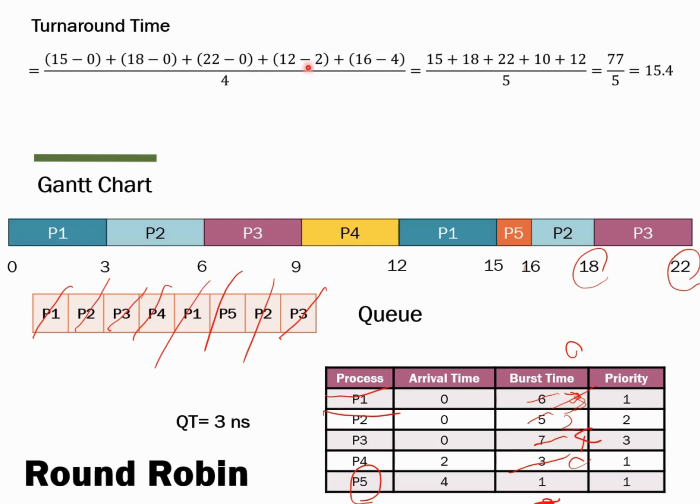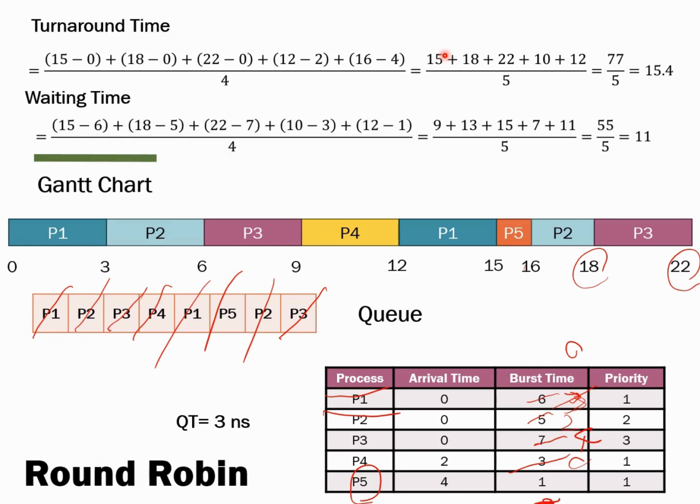So 12 minus 2 is 10 for P4, and 16 completion time for P5 minus 4 arrival time is 12. So we have 15, 18, 22, 10, and 12. The sum is 77, and we have 5 processes, so the average is 15.4.